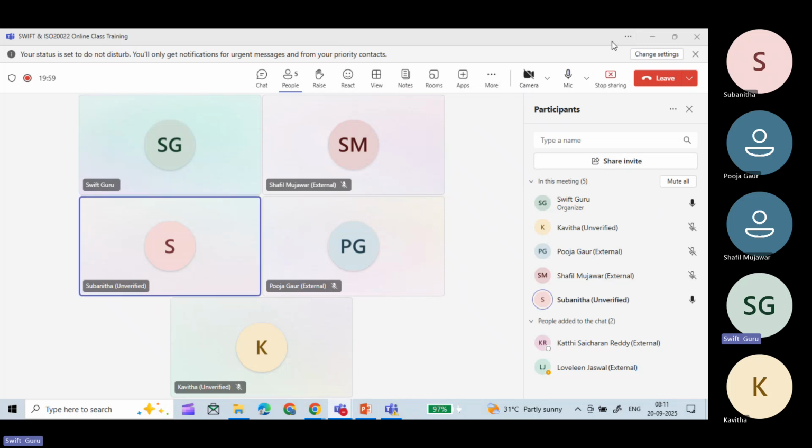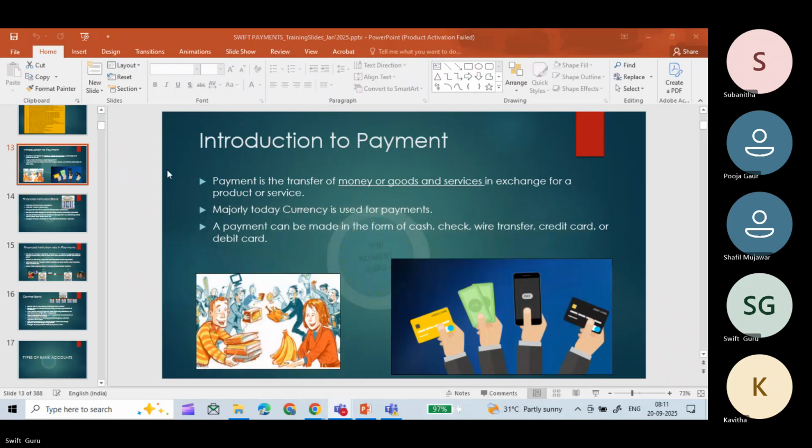The projects I have worked on are mostly related to Swift payments. I've been training for almost 5+ years, and 4 years associated with the payment group. This is about me.